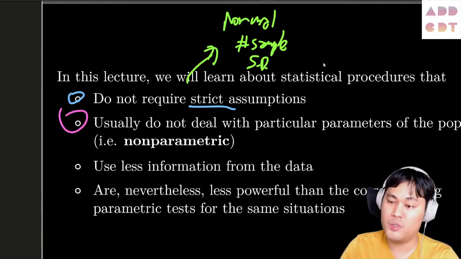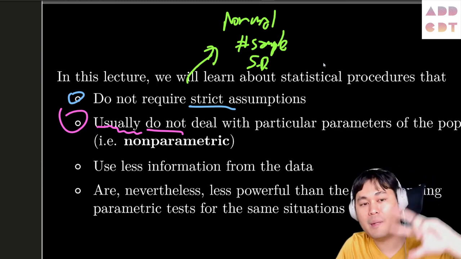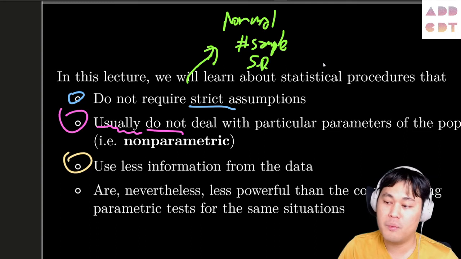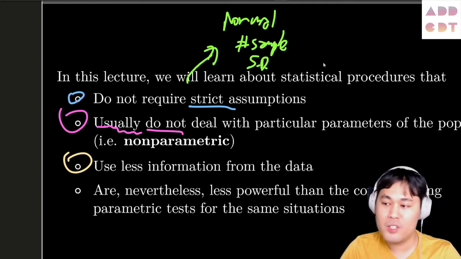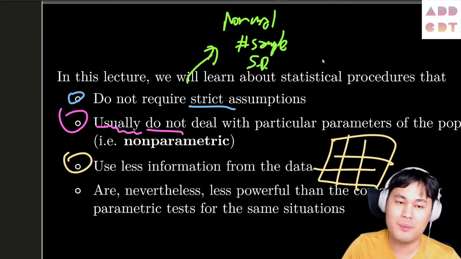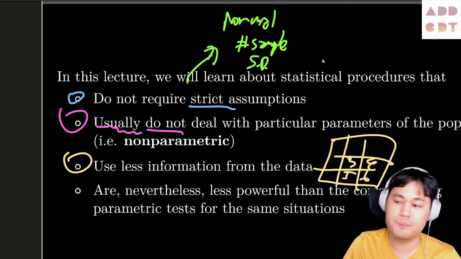Second, you usually do not deal with the three parameters that I just told you. Then we use less information from the data, which you will see in a moment, in that we can use just a single table of counts of several numbers to perform this testing.